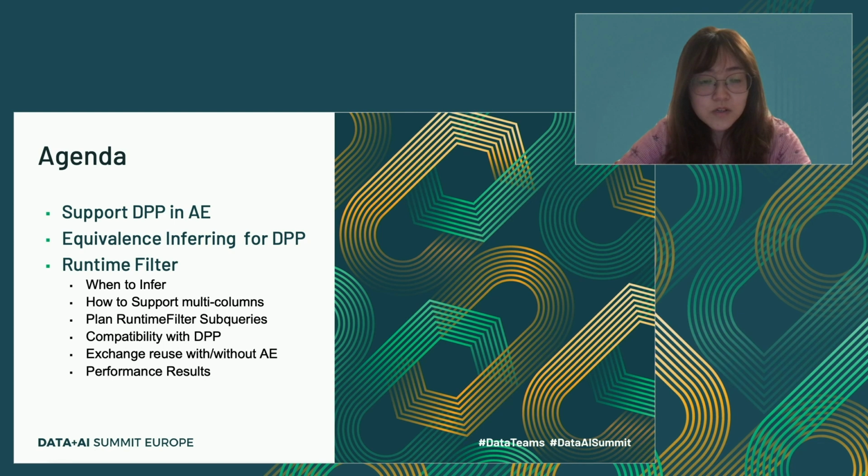I want to introduce how we implement runtime filter and some tips on runtime filter, for example, when should we infer runtime filter, how we support multiple columns join, how we plan a runtime filter subquery, and how to keep the capability with DPP. I'll also introduce a little bit on the exchange reuse implementation, and at last, the performance results.